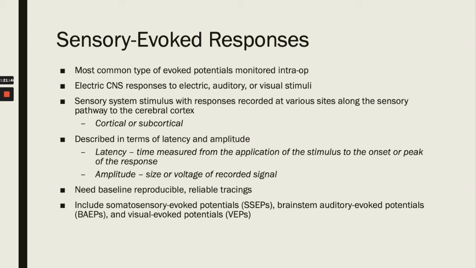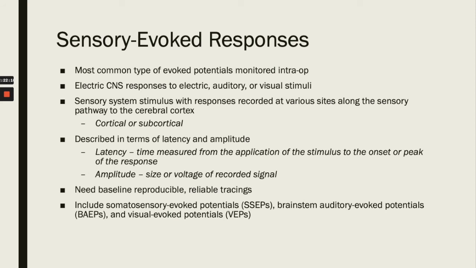These are also described in terms of latency and amplitude. Latency is the time measured from the application of the stimulus to the onset or peak of the response. Amplitude is the size or voltage of the recorded signal. With this, we need a baseline that is reproducible with reliable tracing.